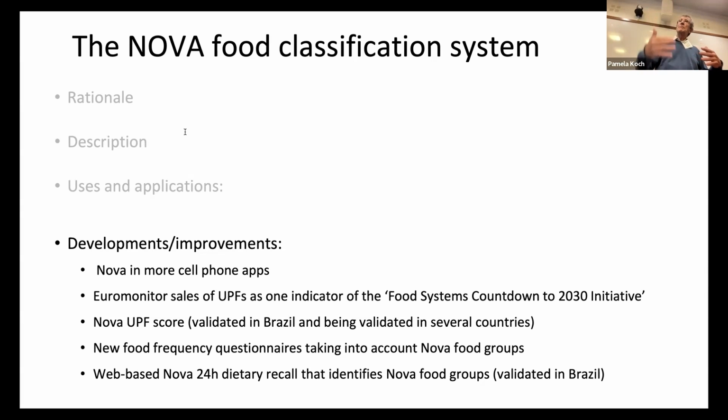After the person finishes the 24-hour recall, which takes about 15 minutes, immediately all the food items are classified according to groups 1, 2, 3, and 4. So this will make the application much easier. Of course, these are types of tools that should be adapted for each country, because you have to take into account what people eat.